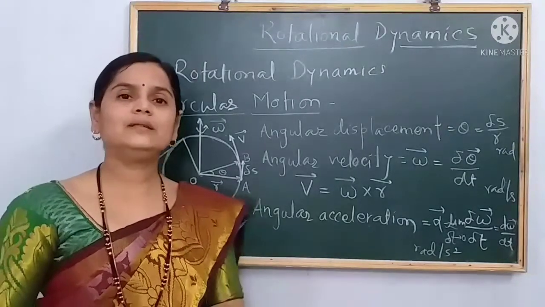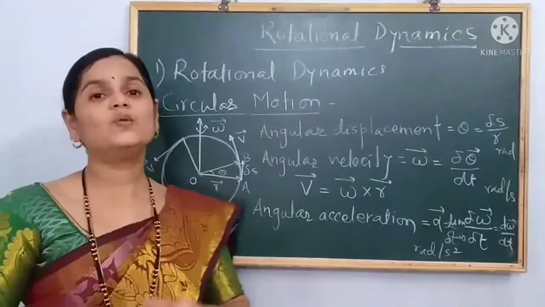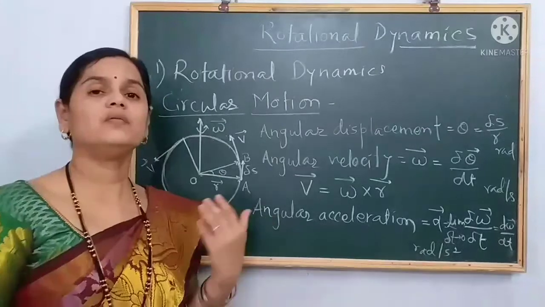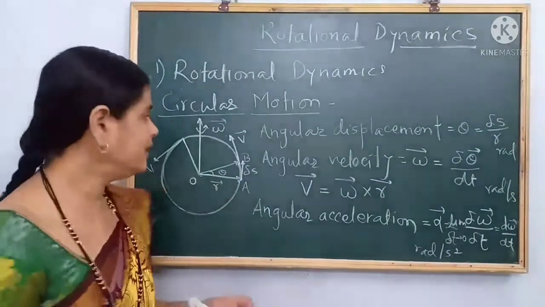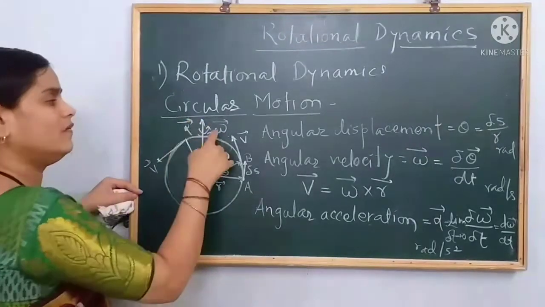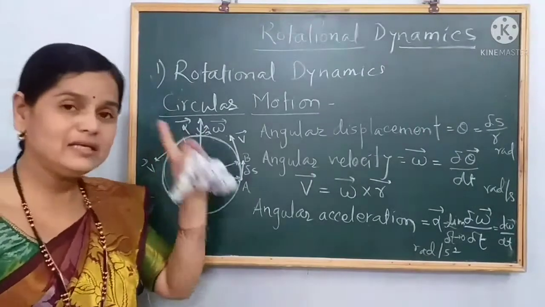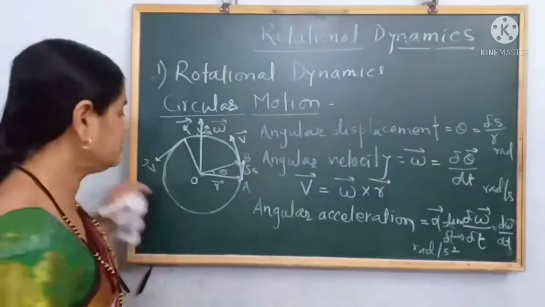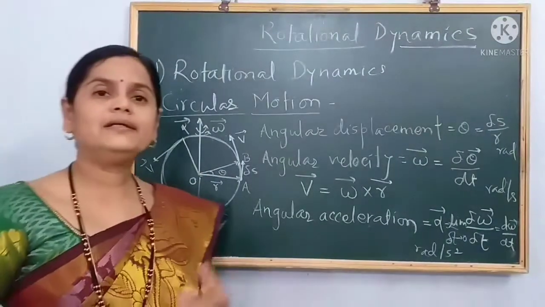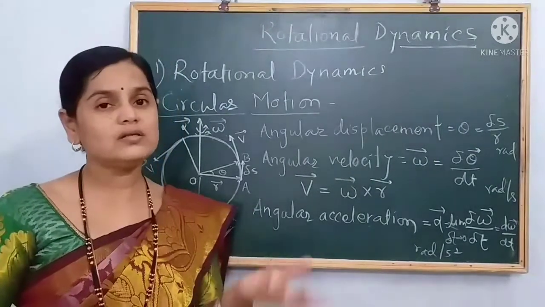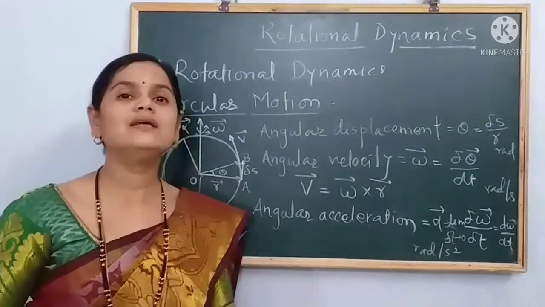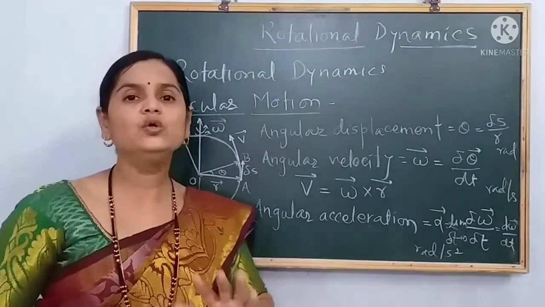But see, suppose the speed of the particle goes on increasing. If the speed of the particle performing circular motion goes on increasing, then the angular acceleration is in the direction of angular velocity. Or suppose it is decreasing, like when a fan is switched on or switched off. Once the fan is switched on, its speed goes on increasing until it acquires a uniform speed.